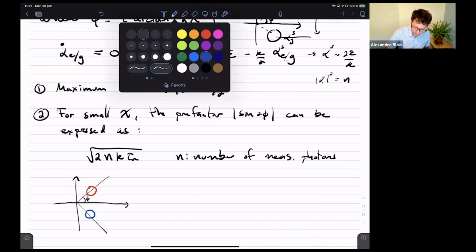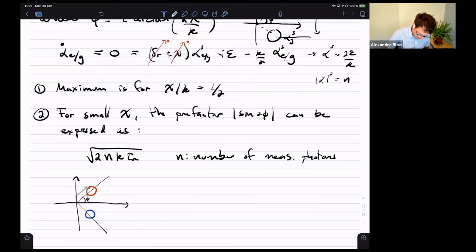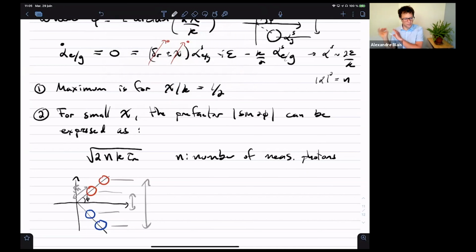And alpha here is the magnitude of alpha, which is the square root of the photon number. Obviously, if you increase the number of photons, you are also increasing the separation. So the signal becomes that much bigger and increases with the square root of n. Great. So put as many photons as you want.